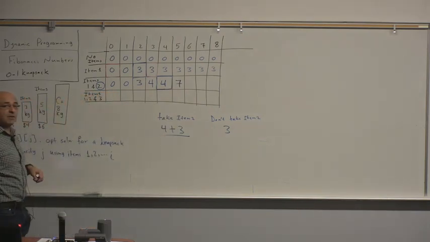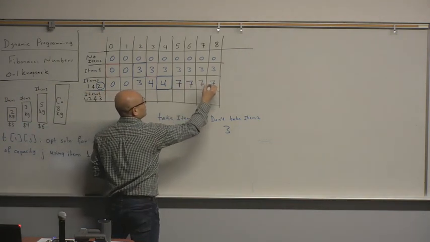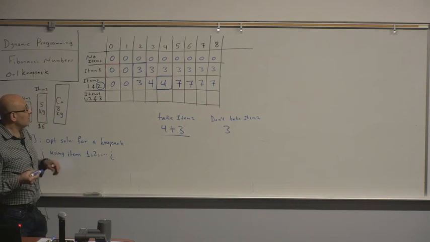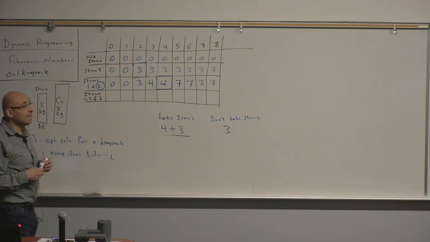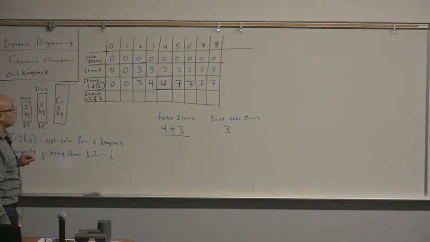Then, since I have already taken both items, it's not going to get any better, right? So on this row, things are not going to get any better than taking both items. Okay. Now the last line is probably the most interesting row.